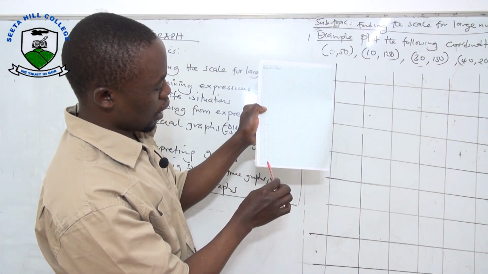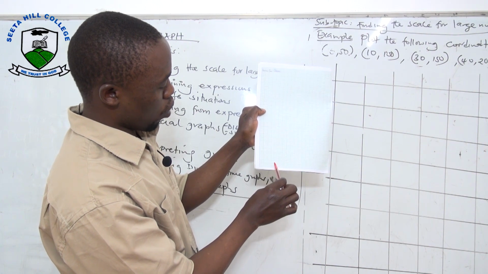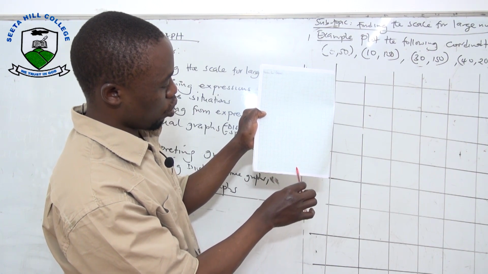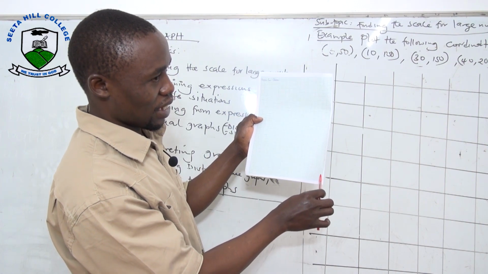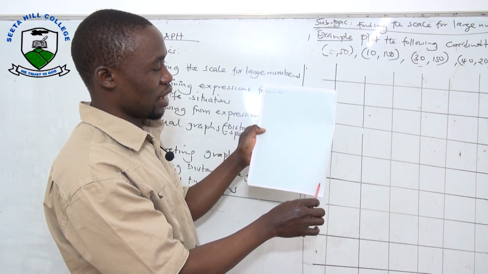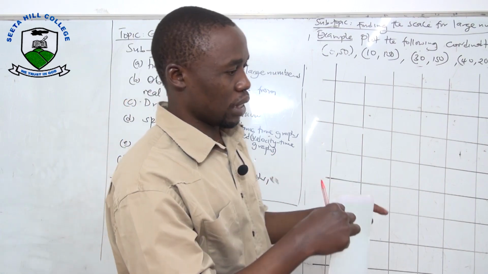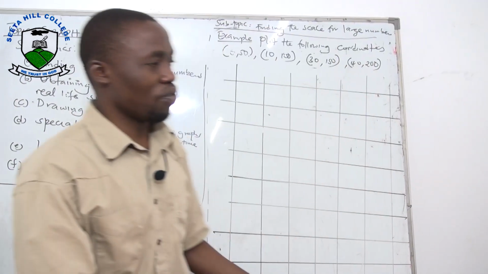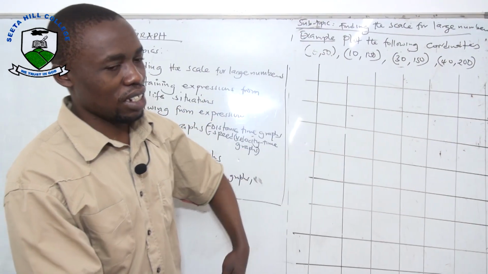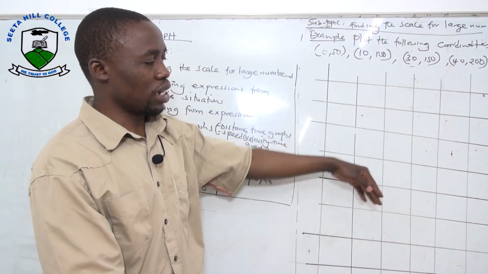Then horizontally, 0, 1, 2, 3, 4, 5, 6, 7, 8. 8 gaps for plotting. Okay. We've agreed 10 vertically, 8 horizontally, 2-centimeter gaps.